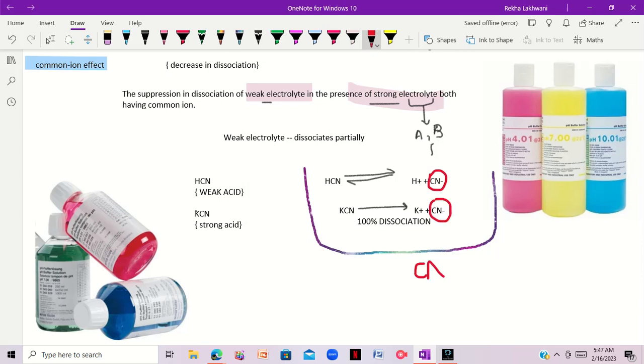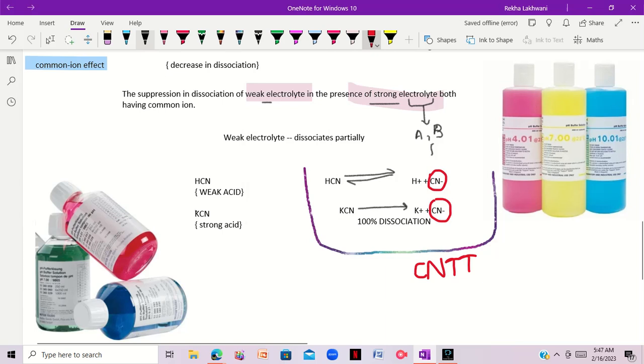The concentration of cyanide ions will increase, and then, okay, here's another concept which we'll study in ionic equilibrium basically, but let's give an overview over here.